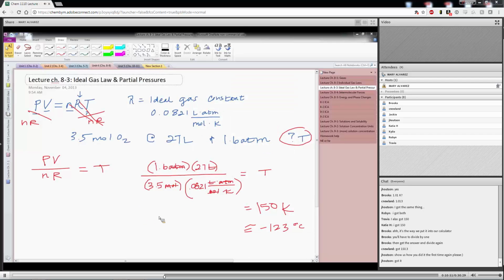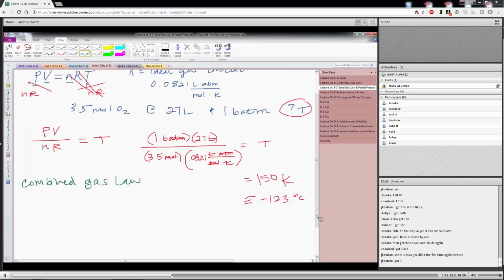Okay, so again, ideal gas law, great. It's just algebra, and you can do that. All right. Additionally, we can use the ideal gas law to come up with something called the combined gas law, which compares initial conditions to final conditions.